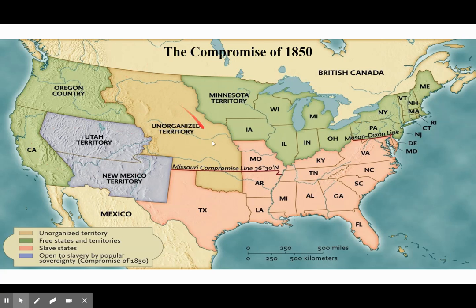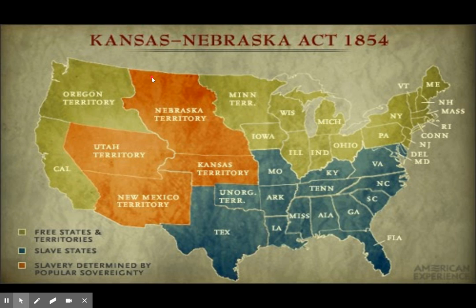But we have this unorganized territory on the map that was above the 36°30' line. And according to the Missouri Compromise, this area was closed to slavery. However, what the Kansas-Nebraska Act does is it takes that 36°30' line away. And it says that now in this territory from the Louisiana Purchase, the states can vote, so through popular sovereignty, they can decide if there would be slavery in this area.